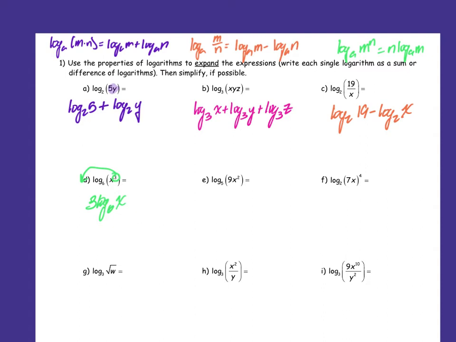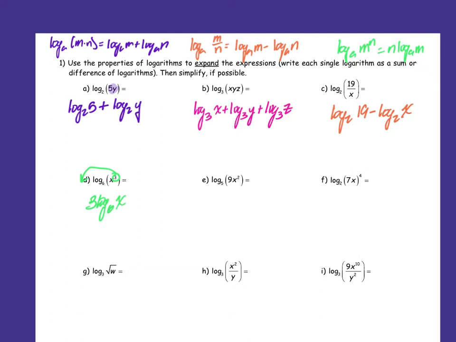Let's see. Do you guys think you could do E without me first? Do you want to try it? Like take a minute and try it and then we'll do it together. It's two different rules together, so try that one. So this is using two rules. So this says 9 times x squared.